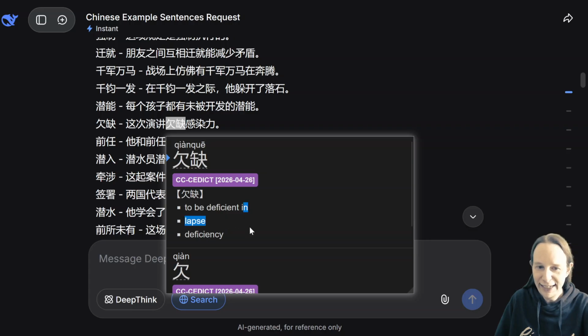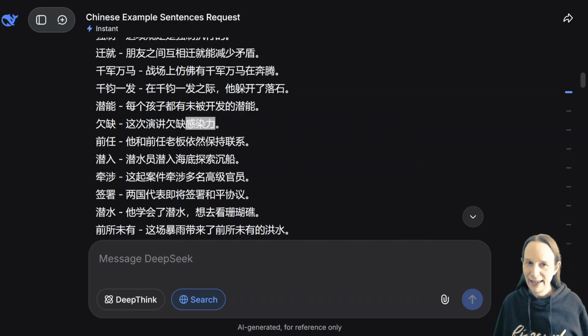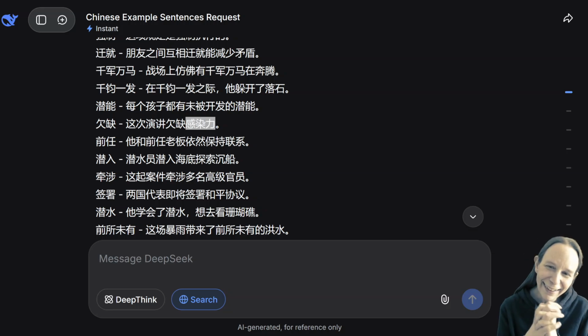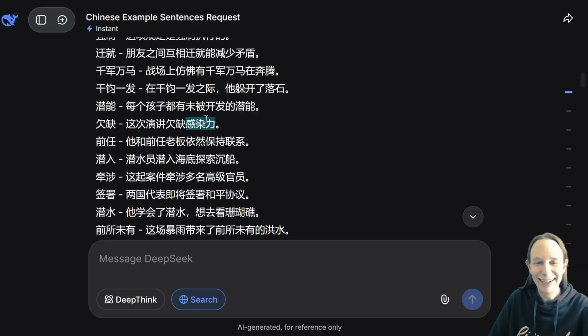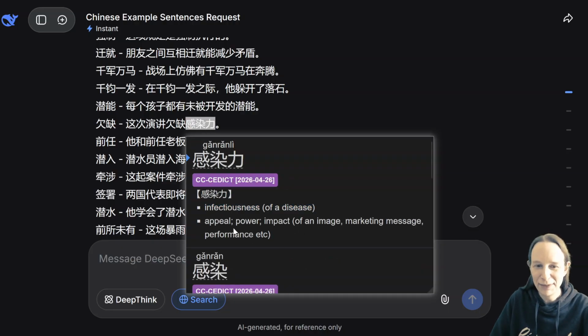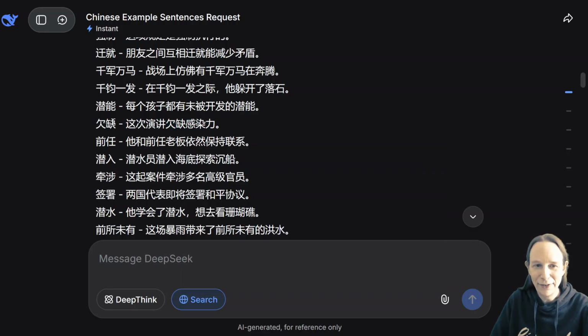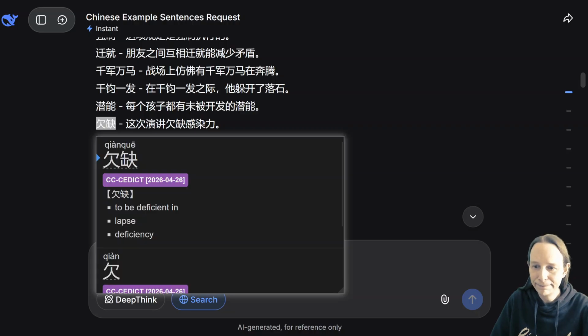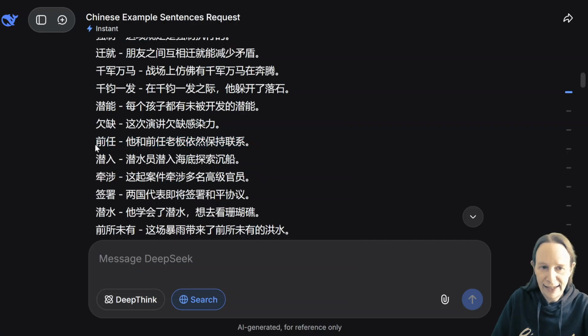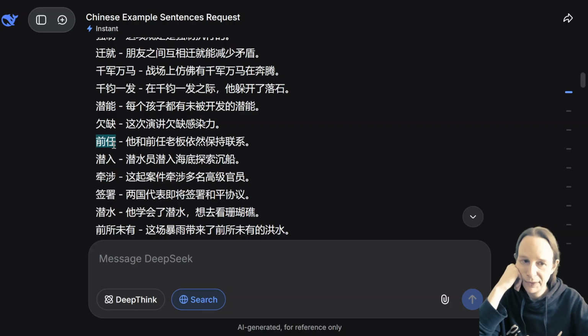So it's deficient in 感染力. 感染 is infection. So the 演讲, the speech, is not infectious. Basically, it's not very catchy, right? 感染力, infectiousness, but this one, figurative. Sorry, I pronounced that wrong. 欠缺, 欠缺.